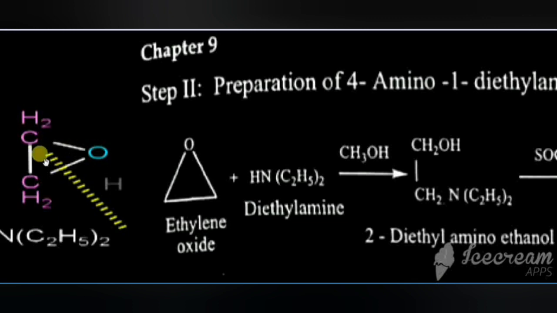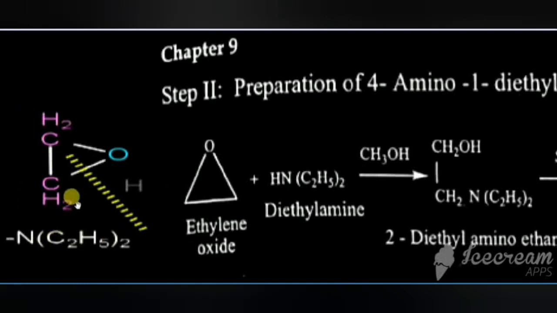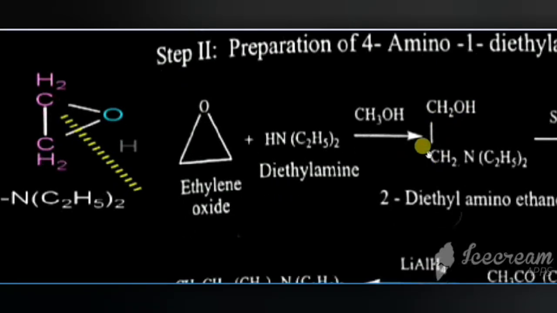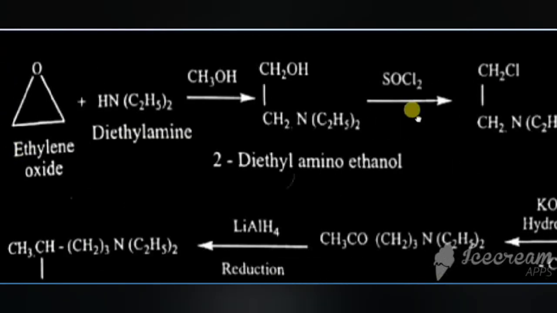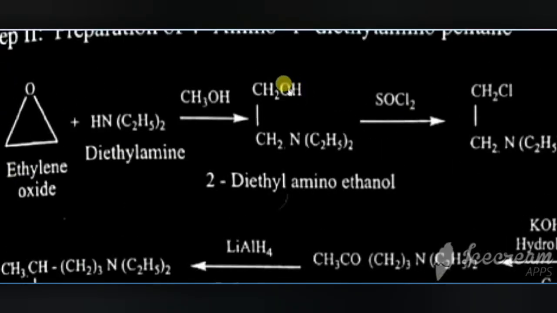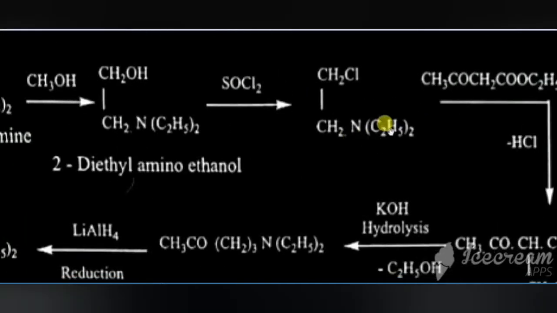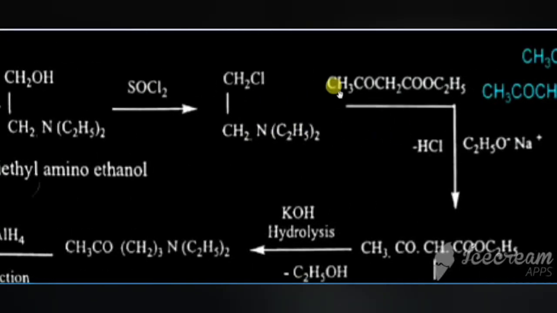With the ethylene oxide, here there may be a cleavage, H is added with oxygen, and N(C2H5)2 is added with the CH2. So, that is why we are getting CH2OH and N(C2H5)2. Now, this on chlorination we are getting chlorine, in which the chlorine is replacing OH. So we are getting the chloro derivative, and that one is treated with CH3COCH2COOC2H5.